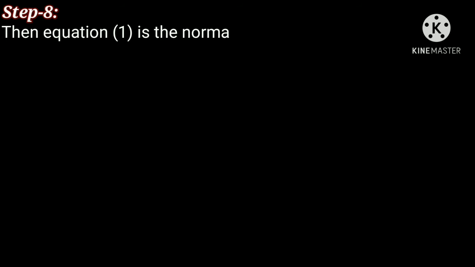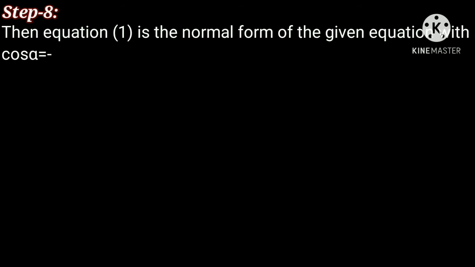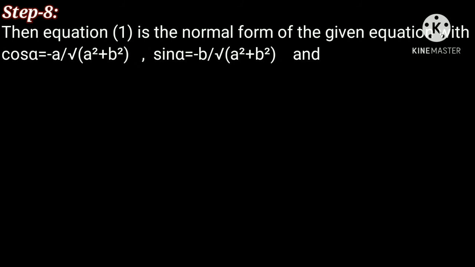Step 8. Then equation 1 is the normal form of the given equation with cos alpha equal to minus a by square root of a square plus b square, sin alpha equal to minus b by square root of a square plus b square, and p equal to c by square root of a square plus b square.